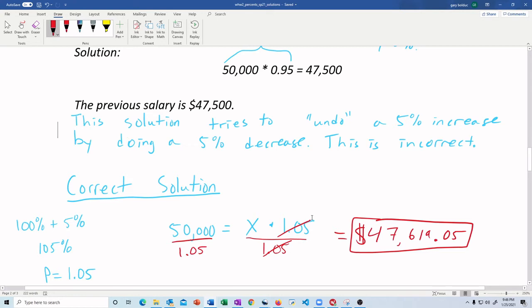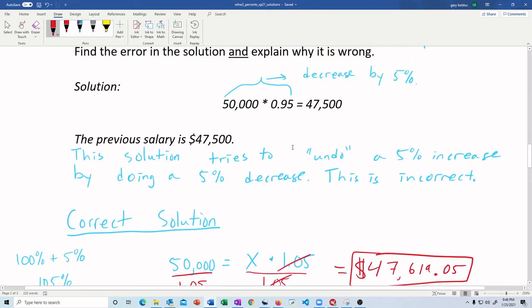So then when you try to go down 5%, you're going to take 5% of a bigger number, which means that chunk, that 5% chunk you're going to take away, is bigger than the 5% chunk you had added to start. So that's the key. Doing 5% to different numbers is going to give you a different chunk when you're adding or subtracting. Okay, so that's what you got to be thinking about. That's why it does not work to just go back down 5%.